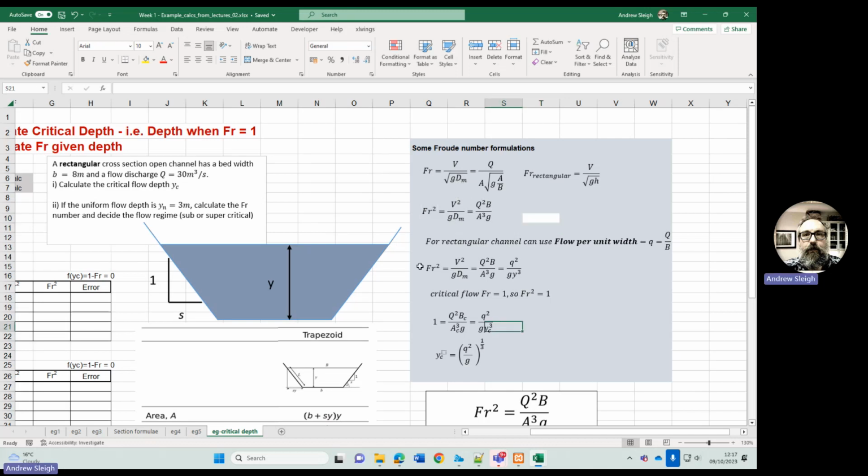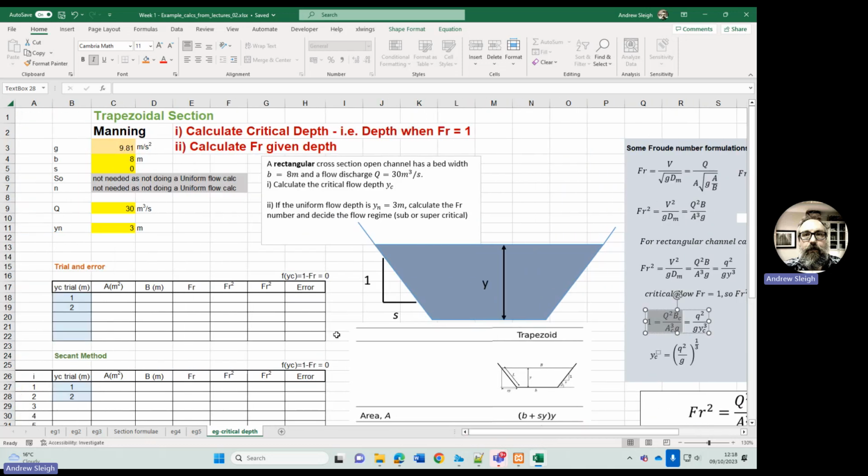The formula we'll be looking at is looking at both the Froude number and the Froude number squared and equating that to 1. So the function we'll be looking at is the Froude number minus 1 rather than the target Q. The target now is 1.